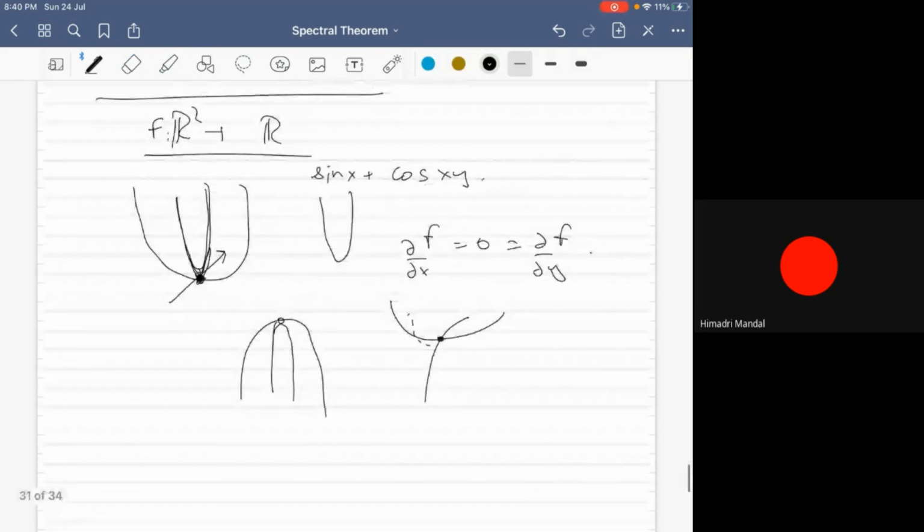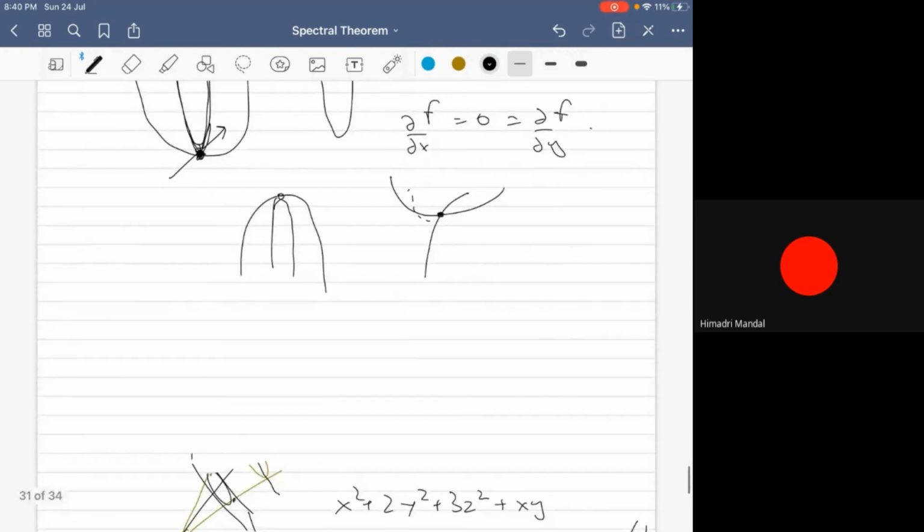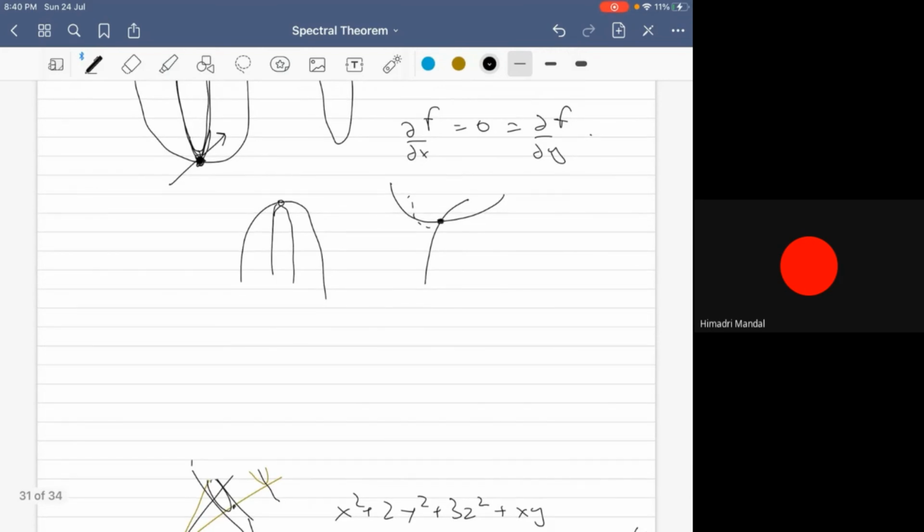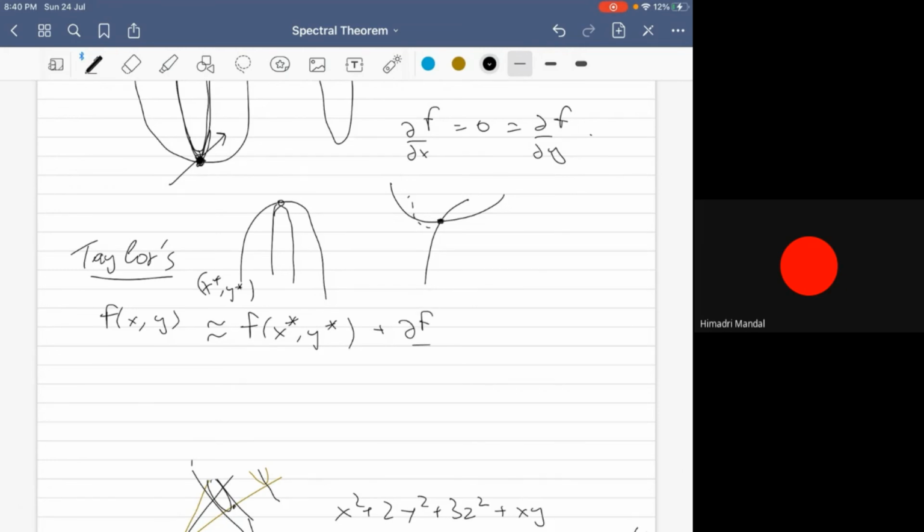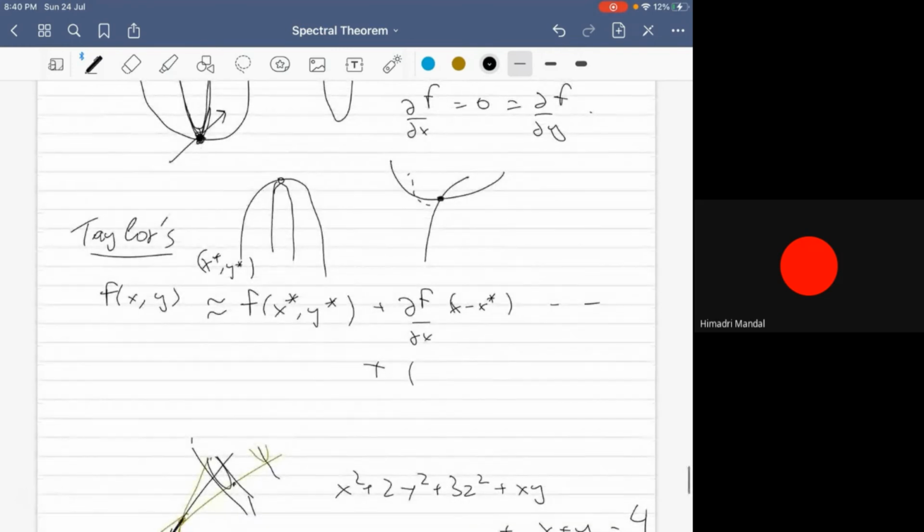So briefly, for any smooth function, there is a Taylor's theorem for two variables, which says that around some point x star, y star, this is roughly equal to this plus a 1 degree term, which would include this, plus the 2 degree term, which would look a lot like what we did, and this is called the Hessian, and it's a matrix, and we would have this.